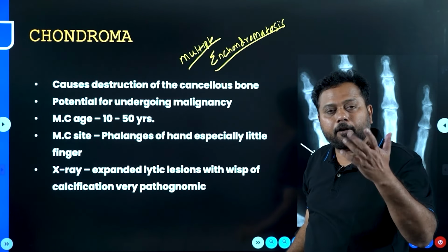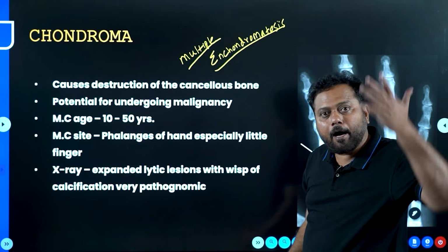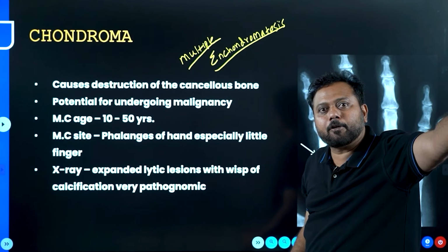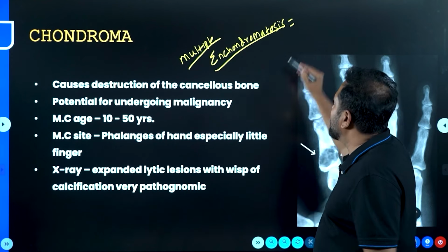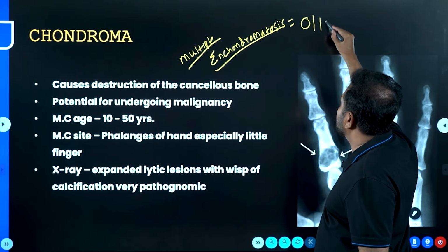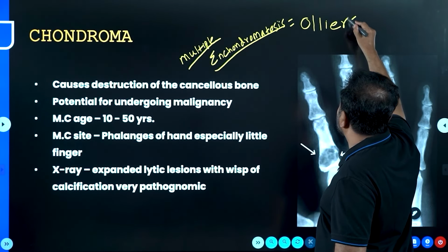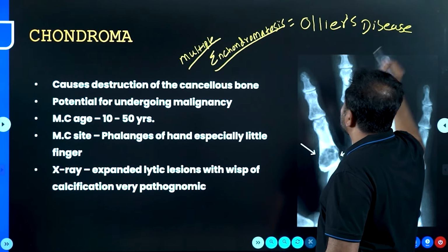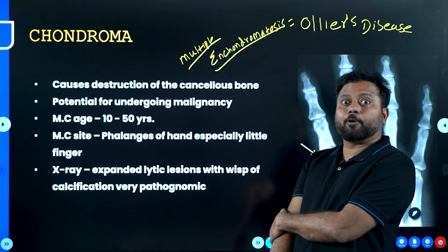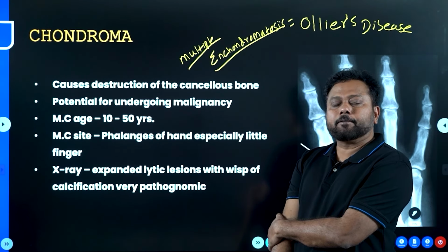The answer is given in all orthopedic textbooks. Already we had studied in pathology, Robbins also. Multiple enchondromatosis is called Ollier's disease.